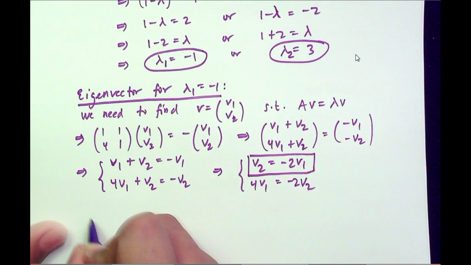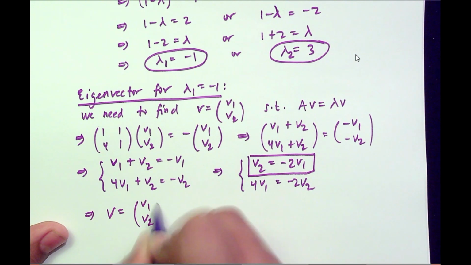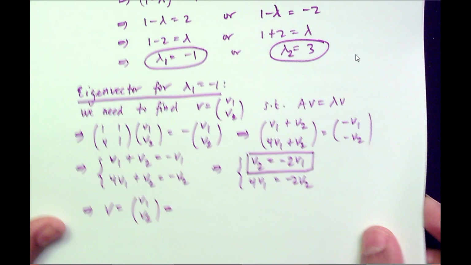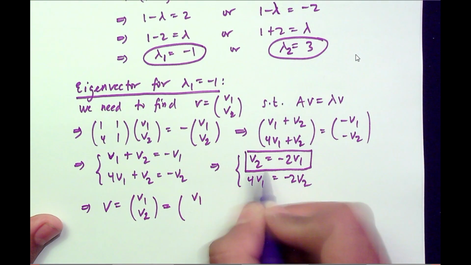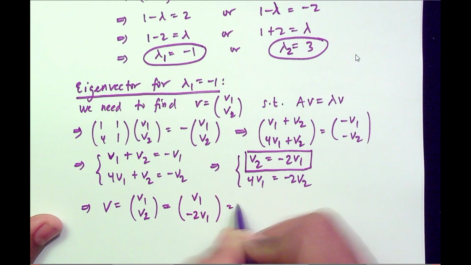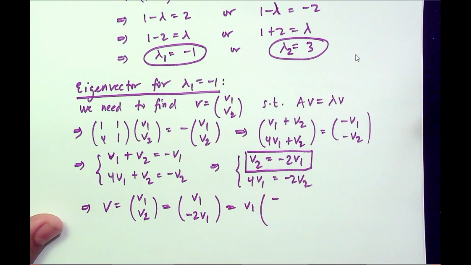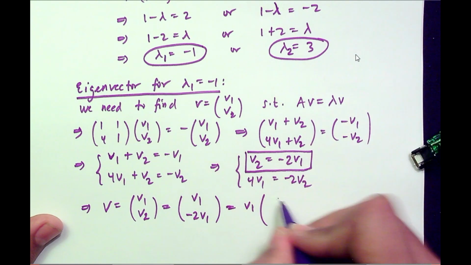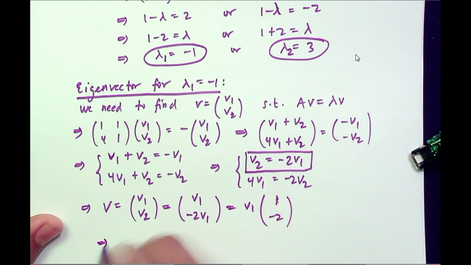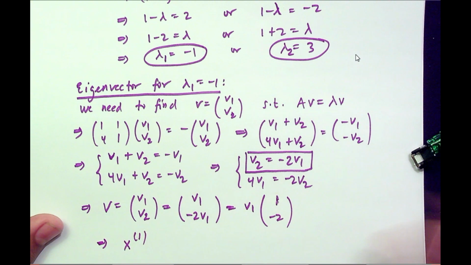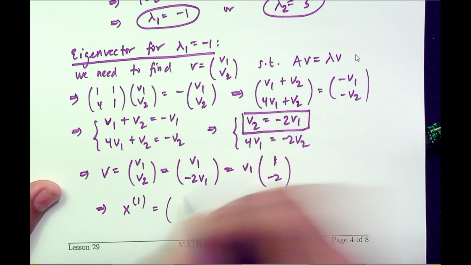So that means our vector V is going to be V1, V2 equals, now V2 equals negative 2V1. Factoring out the V1, you get 1, negative 2. So that means the corresponding eigenvector that we want to use is 1, negative 2.